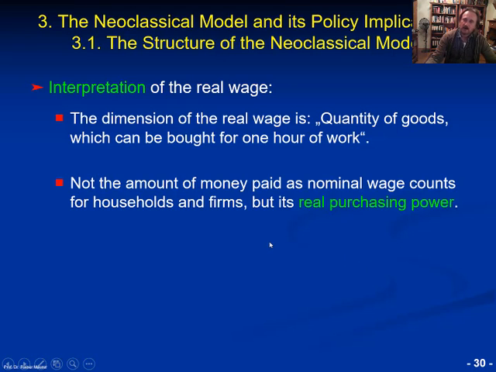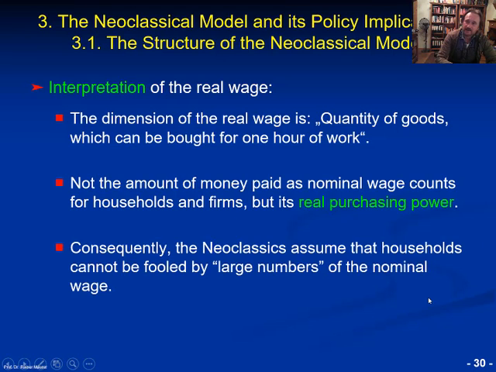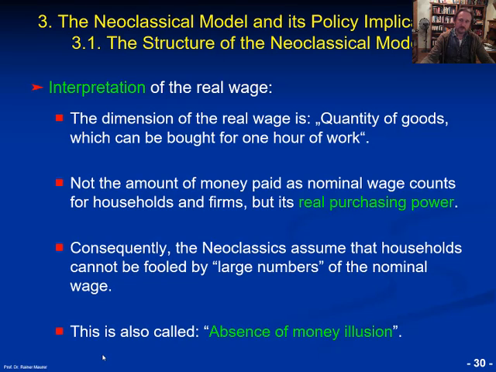So this means not the amount of money paid as nominal wage counts for households and firms, but the real purchasing power of money, what money buys. Consequently, the neoclassics assume that households cannot be fooled by large numbers of the nominal wage. This is also called absence of money illusion.